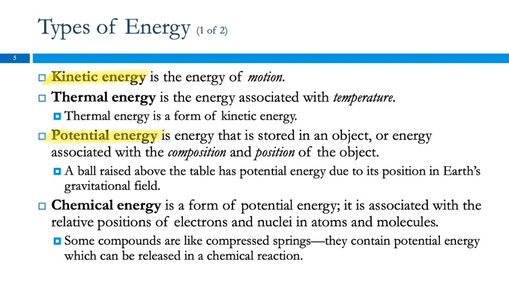That's something moving. There's also thermal energy, which is a form of kinetic energy. It is an energy of movement, but not in the same way that a ball is moving through the air. It's the movement of the particles inside that substance.